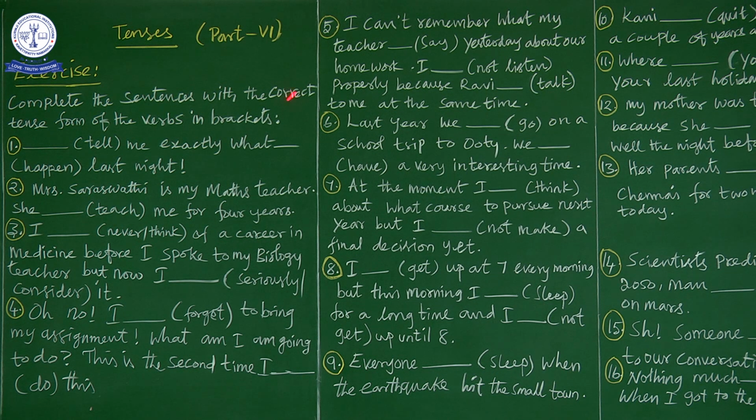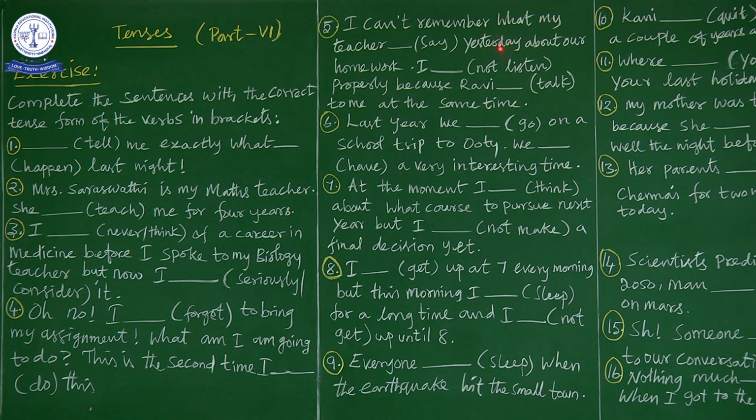Now let us move on to the fifth one. I can't remember what my teacher dash say yesterday about our homework. That is one. Next, I dash not listen properly because Ravi dash talk to me at the same time. Okay, we have three exercises here. Let us find out where we have the keyword.